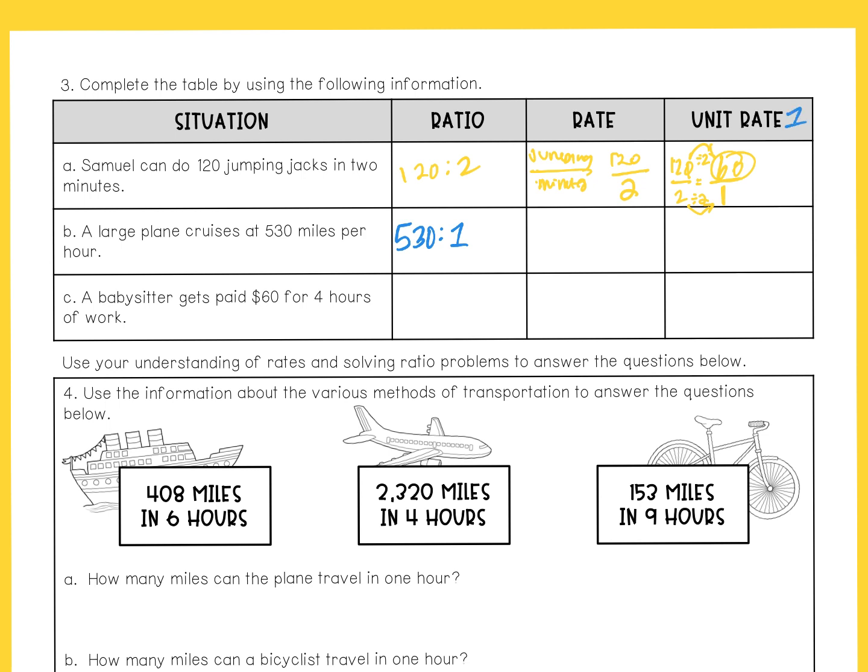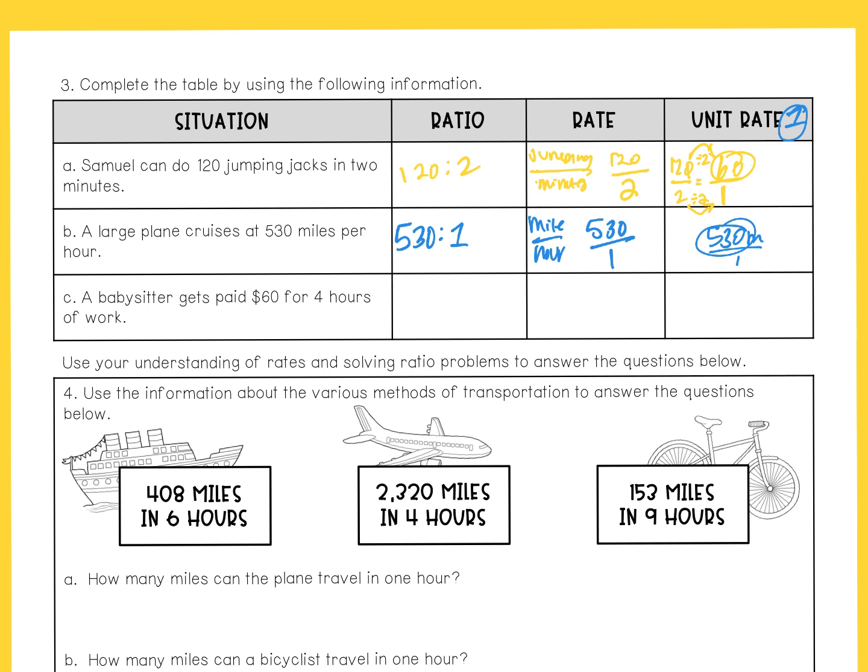So if we want to know the rate for miles to hour, here we have 530 miles for every 1 hour. And since unit rate is just talking about 1, we already know that there will be 530 miles for 1 hour. We don't have to do any math there.